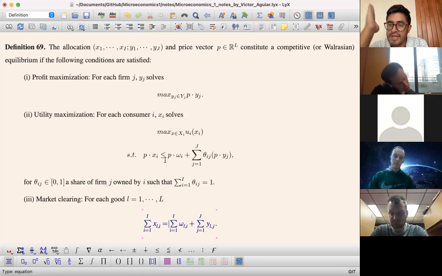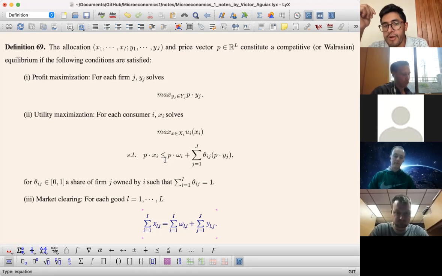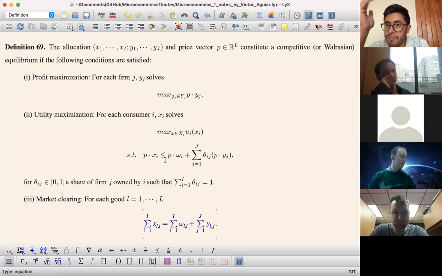So the price is this magical information device that allows everyone to search for their own selfish interests while achieving a social coordination. So they are solving a social coordination issue by means of a price.